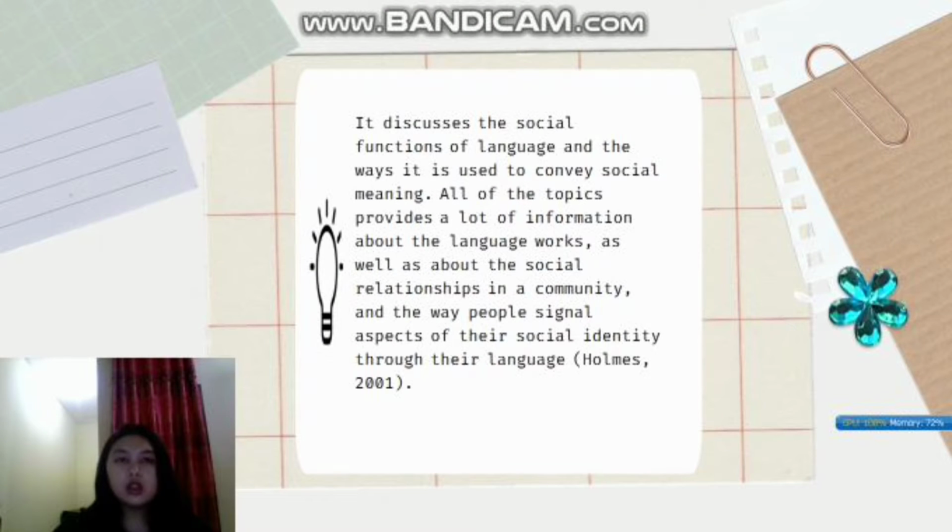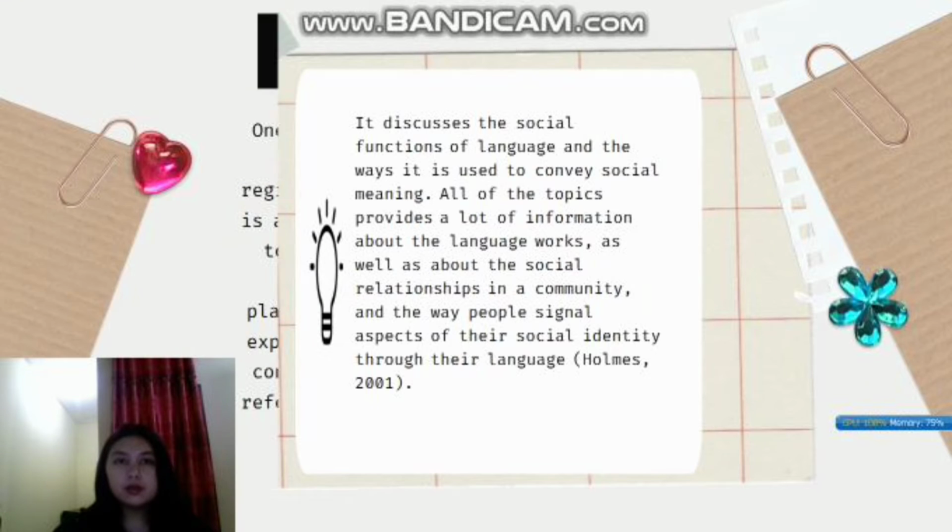It discusses the social function of language and the ways it is used to convey social meaning. All of these topics provide a lot of information about how language works, as well as about social relationships in the community and the way people signal aspects of their social identity through their language. Holmes, 1971.